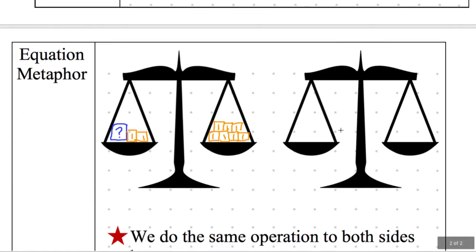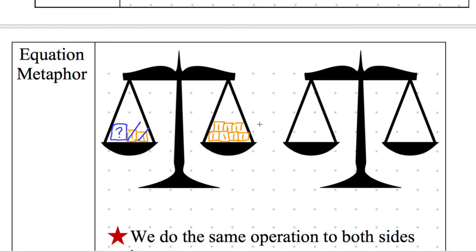So coming down here, I need to figure out how much this unknown quantity is, but I can't figure that out because I have this extra 2 blocks here. So what I could do is just say, okay, well, remove this block, remove that block, take it off of the scale. So go ahead and cross this off. The problem with that is now the scale is unbalanced.